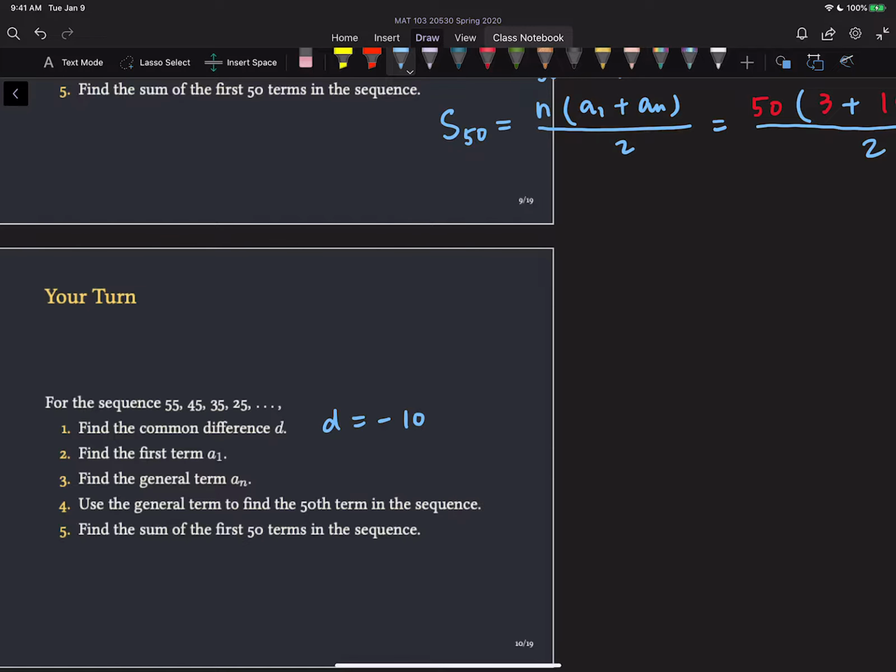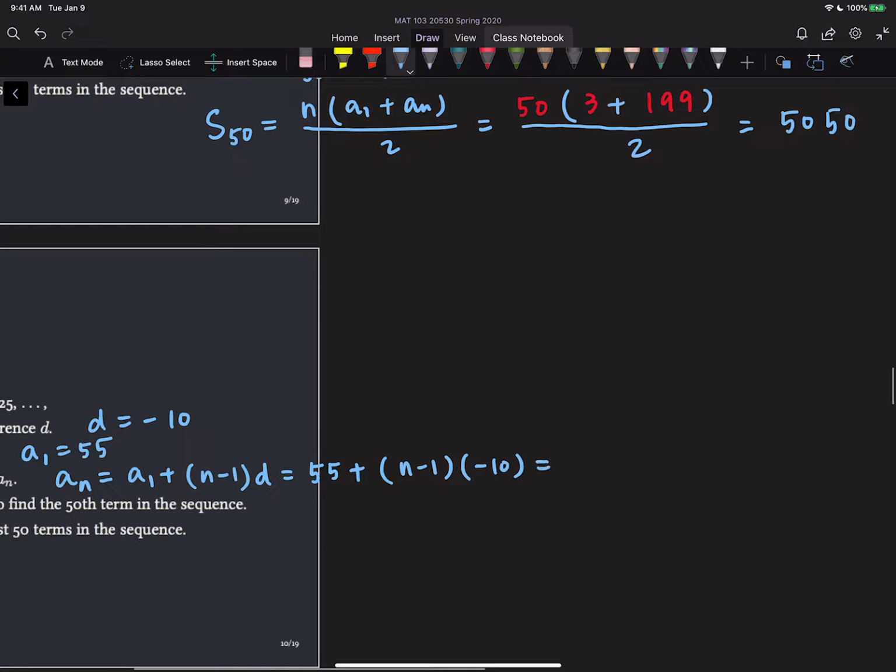Number 2, find the first term a1. Super easy, which is 55. Number 3, find the general term. So an equals, and then use the formula a1 plus n minus 1 times d. And then you plug in the numbers. a1 is 55 plus n minus 1 times d, which is negative 10.